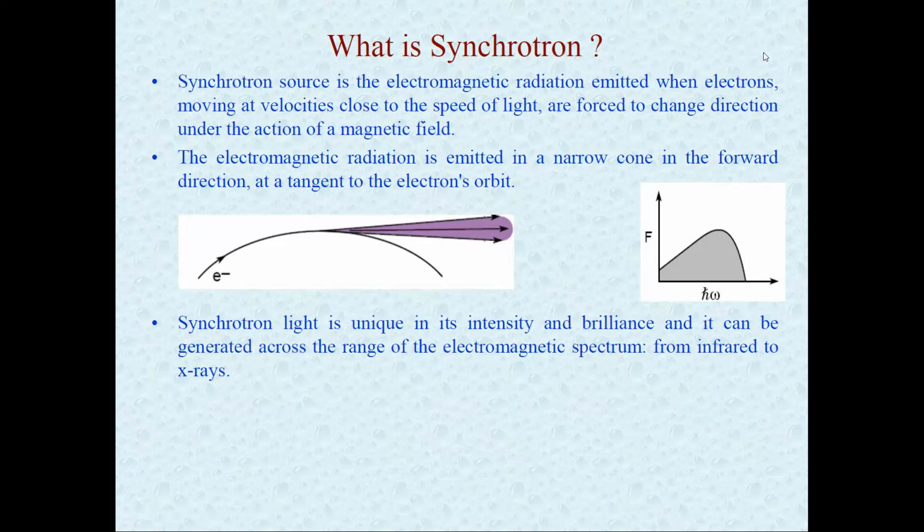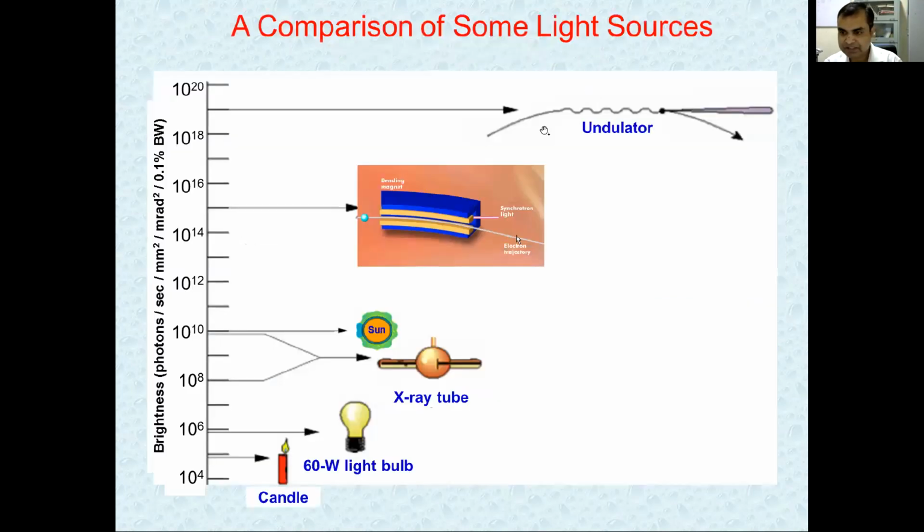At the center of the beam it is linearly polarized, and away from the center it is circularly polarized: on top it is right-handed, and at the bottom it is left-handed. These properties make the synchrotron beam very unique and versatile to probe a wide range of properties of a given material.